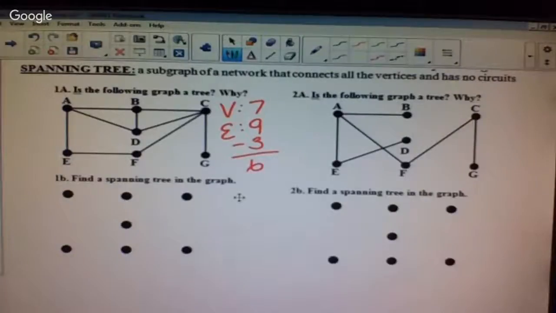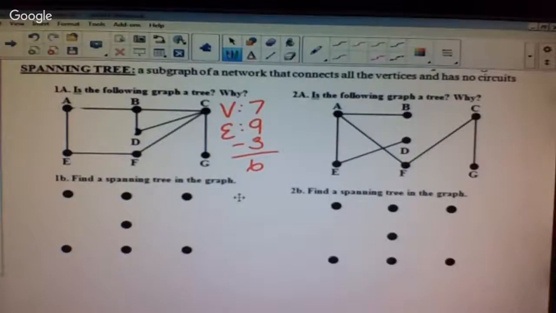Remember, when I'm getting rid of these 3 edges, I'm trying to get rid of edges that close my figure off and create circuits. So, Devin, give me one edge I want to get rid of. A to D. Okay, we can get rid of that.